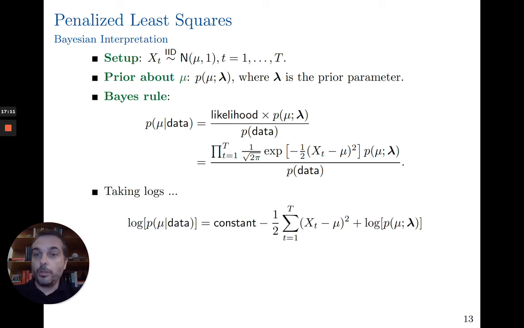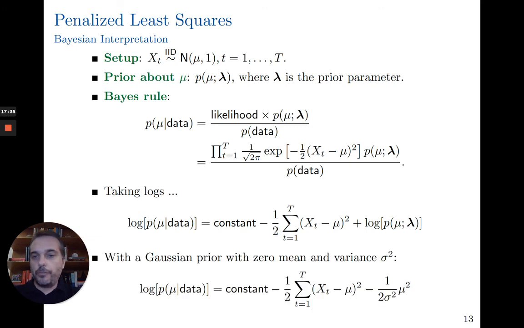Okay? So we can take logs. So we have the log posterior, which will be a constant, the log of the probability of the data, so it does not depend on mu, minus 1/2 the sum of the square errors plus the log prior. If we assume that our prior is Gaussian with 0 mean and variance sigma squared, that's our estimator.